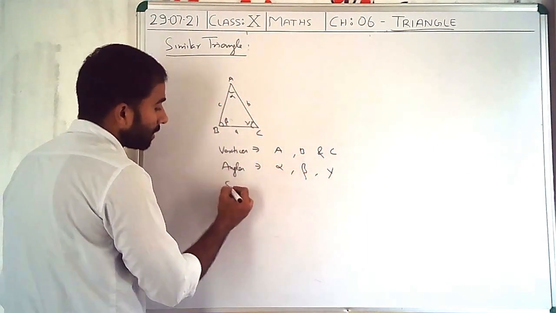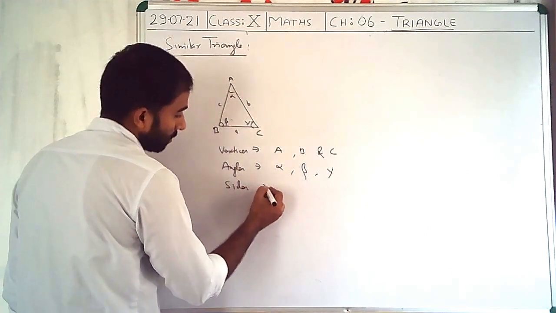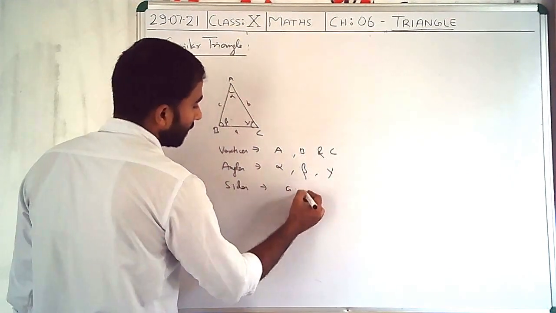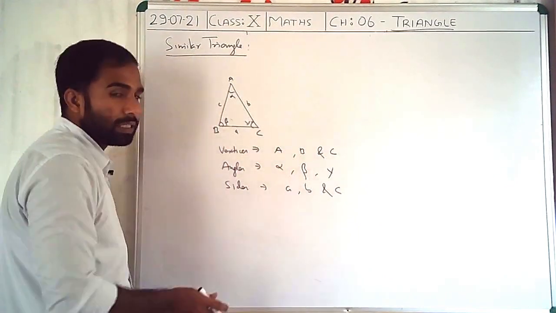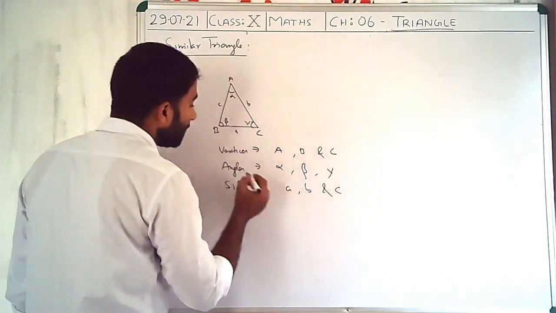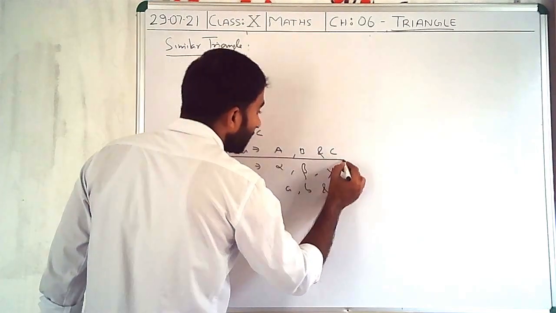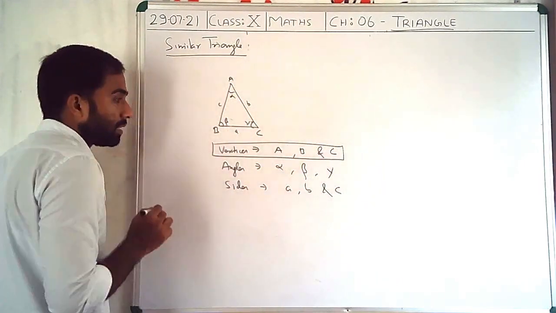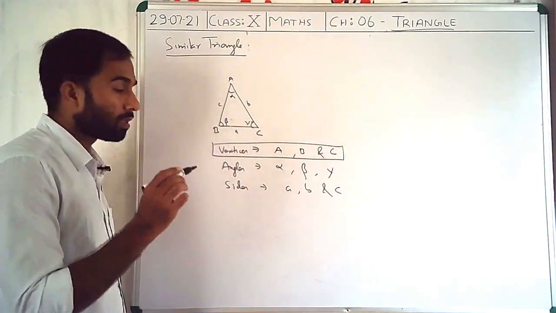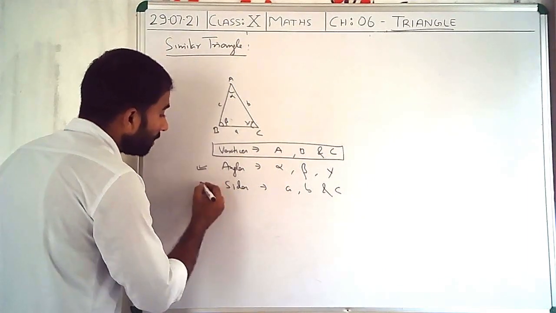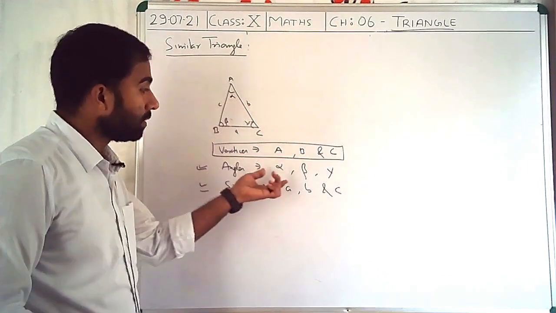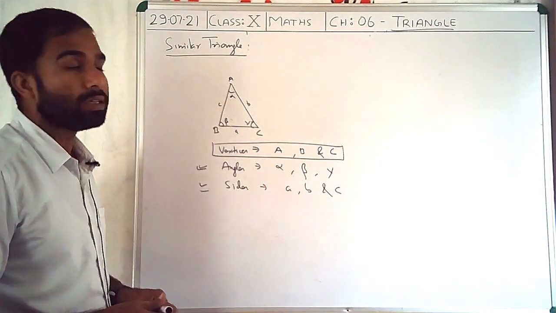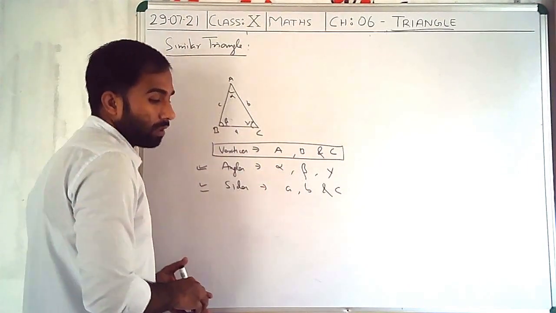If you consider sides, again there are 3 sides, a, b and c. Observe how many of these? There are 9. But we don't need the vertices. We just require angles and sides. So we need 6 parts to express or solve our problem.